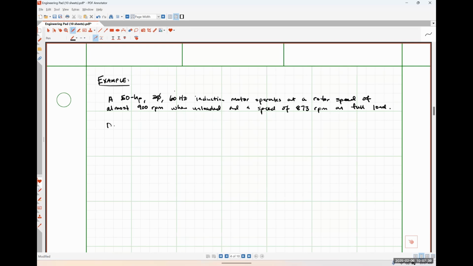I want us to determine A, the number of poles of the motor, B, the slip frequency of the motor. That's the last thing that we talked about at the end of class on Tuesday. I may have called it the electrical frequency of the rotor, but slip frequency and electrical frequency of the rotor are literally the same thing.